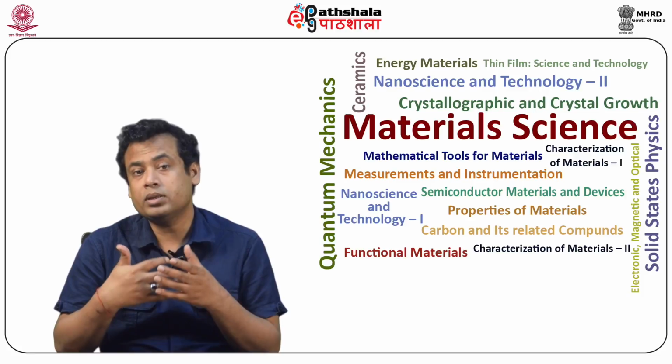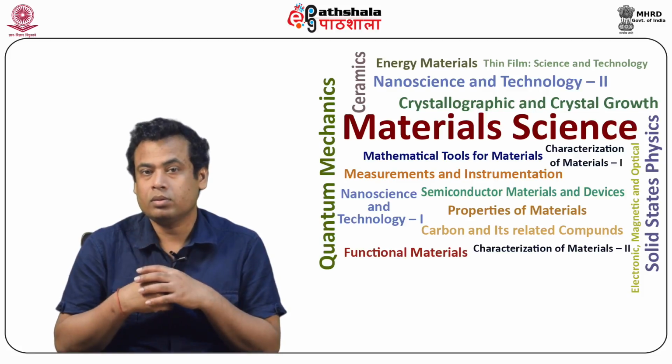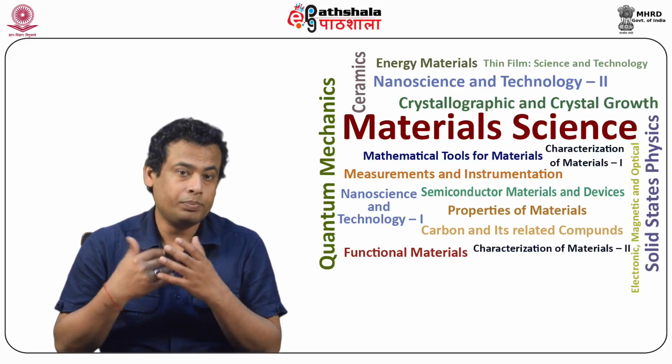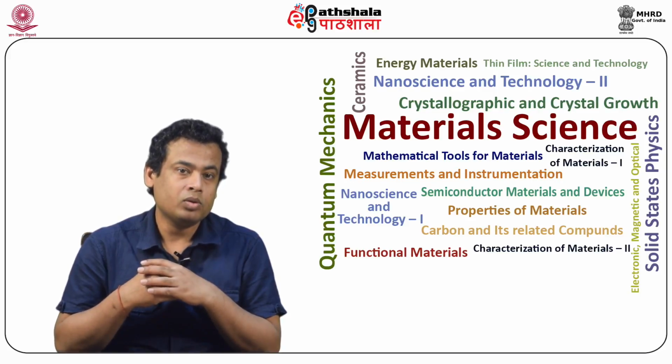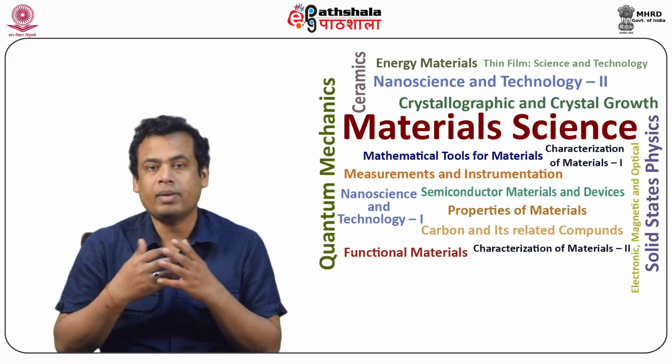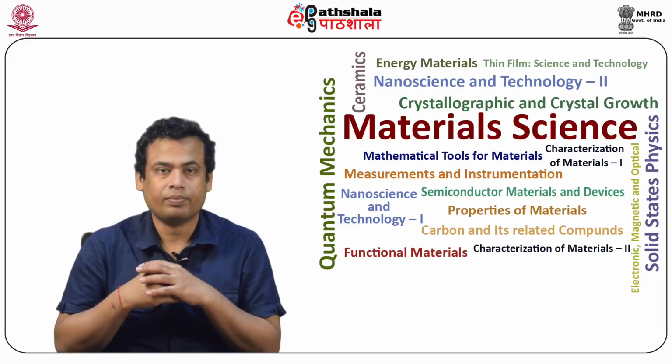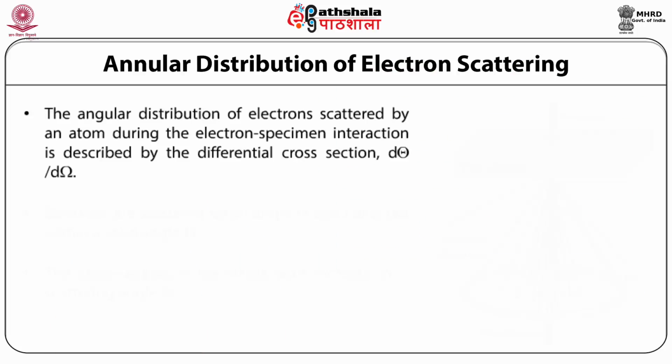For the probability of scattering in a specimen of thickness t, the probability P can be written as t divided by lambda, which is equal to Qt times t. The angular distribution of electrons scattered by an atom during the electron specimen interaction is described by the differential cross section d sigma by d omega.